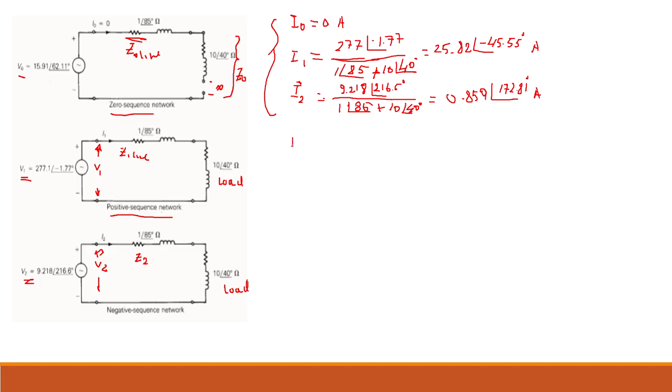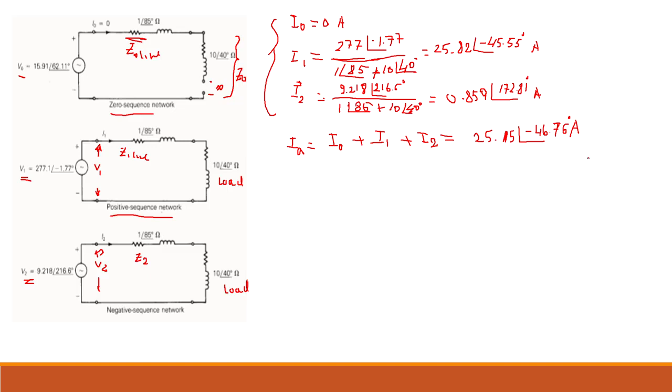As we know, the current of phase A is equal to the zero sequence component plus the positive sequence component plus the negative sequence component, and IA in this case is equal to 25.15, an angle of minus 46.776 ampere.